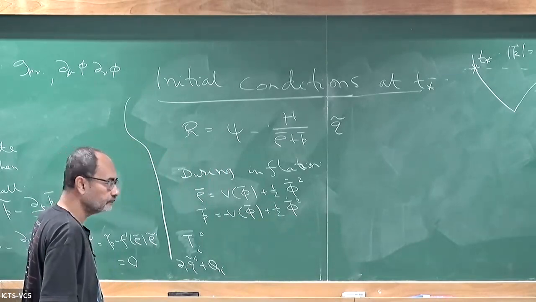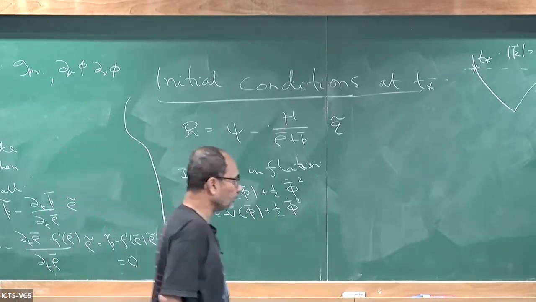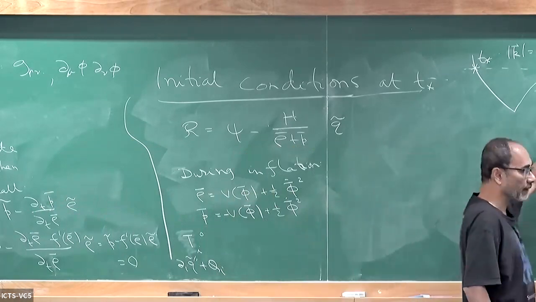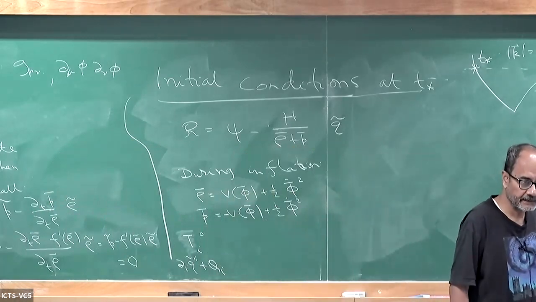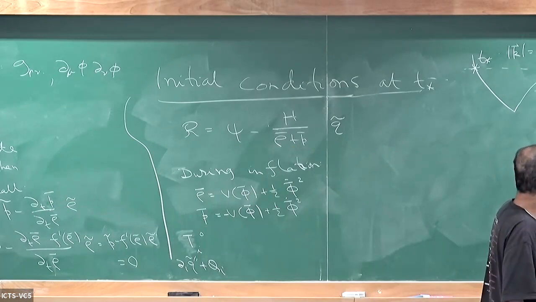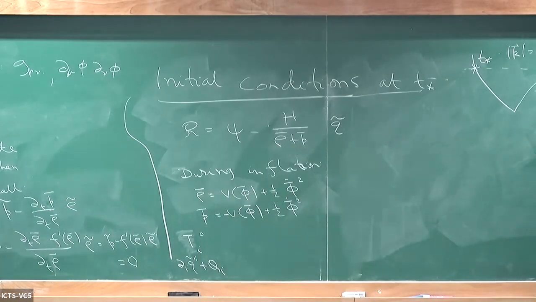Yes, these are the equations. Everything is written in terms of gauge invariant variables: phi b, psi b, zeta, and r. Let me list the variables because there are too many things. Zeta, r, phi b, psi b. These are the gauge invariant variables, because p and sigma tilde have been set equal to 0.